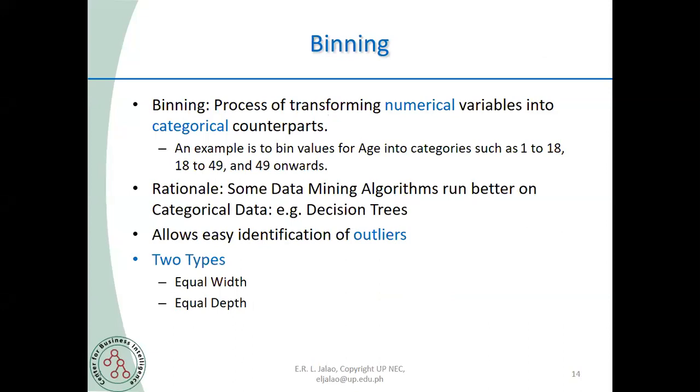Okay, so the next one we have is binning. Binning is the process of transforming numerical variables into categorical counterparts. So say for example, the numerical numbers are transformed into categories. An example is to bin values for age into categories such as 1 to 18, 18 to 49, and 49 onwards.